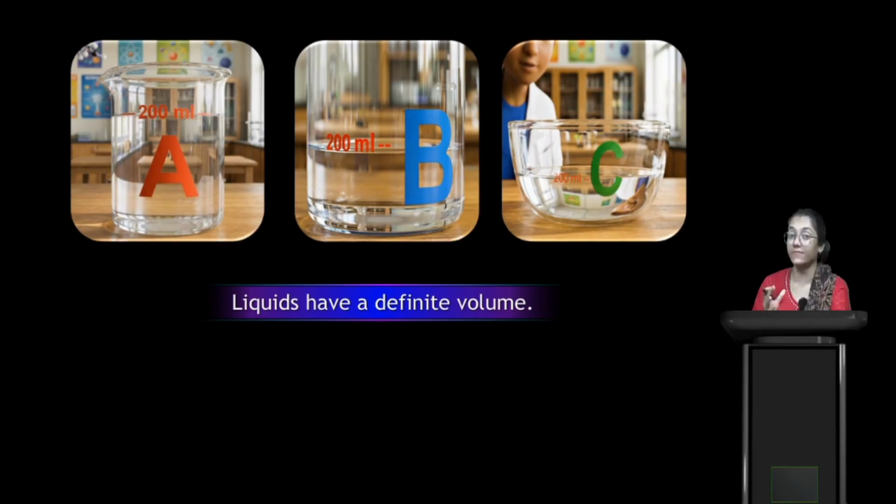As we know, volume is the space occupied by a substance. So in each case, water is occupying a certain volume, which was 200 ml. From this we can say that liquids have a definite volume.